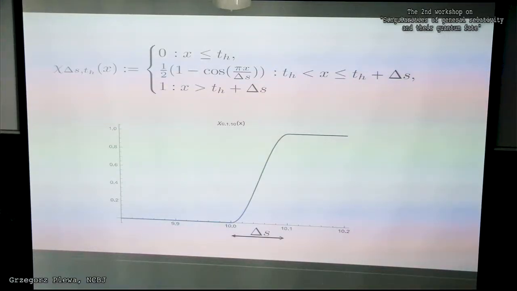So there are two additional parameters. One is the boundary, the limit of our term, and the second one is the parameter delta s.